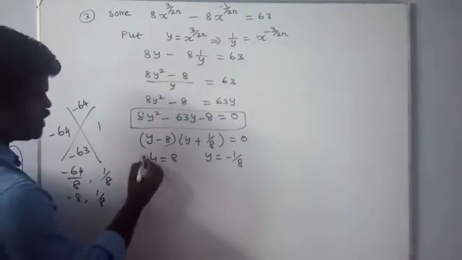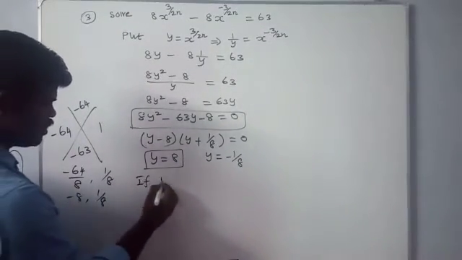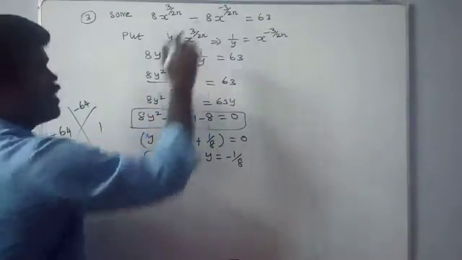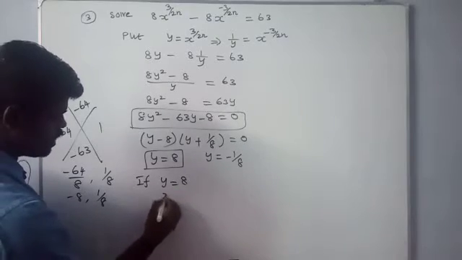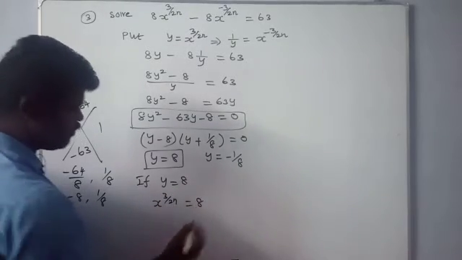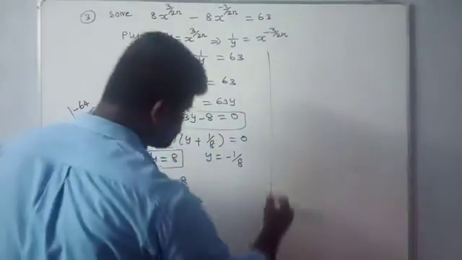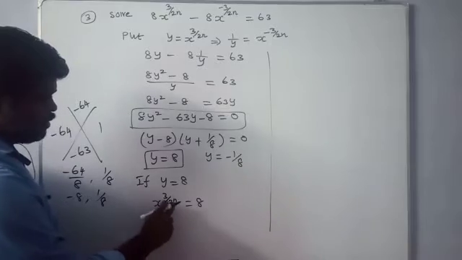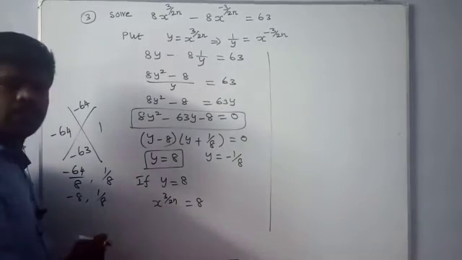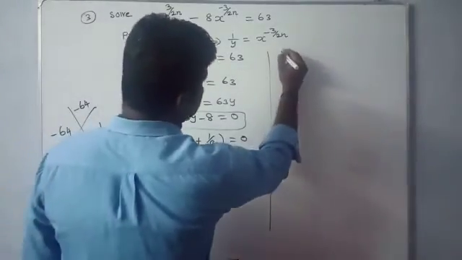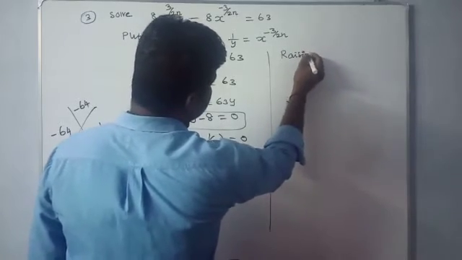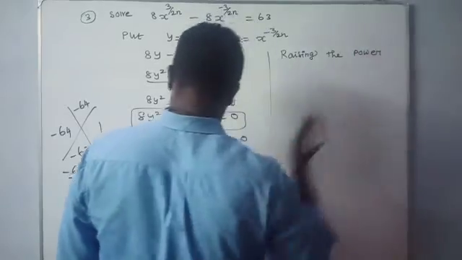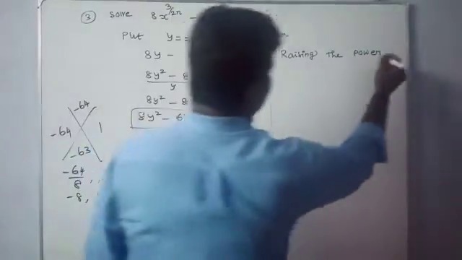Here y equal to 8 means what? If y equal to 8, what is the value of y? x power 3 by 2n. x power 3 by 2n is equal to 8. Now raising the power of 2n by 3, because we cancel these two terms, that's why we raise the power 2n by 3.